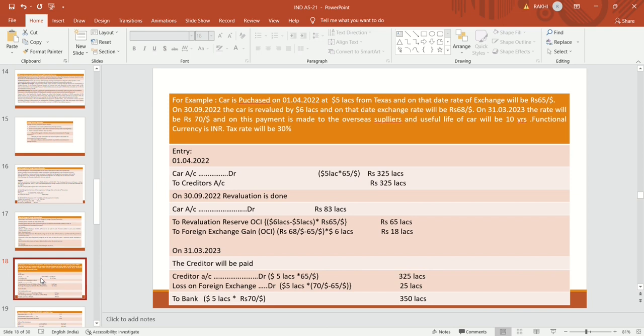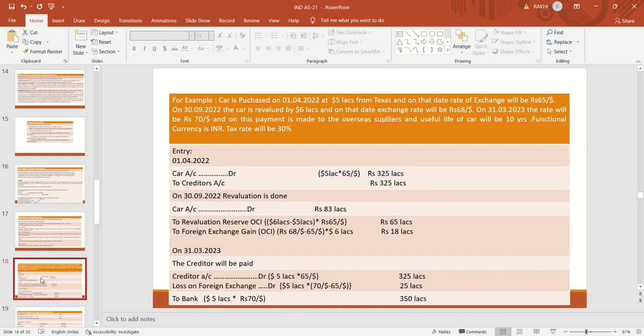Suppose a car is purchased on 1st April 2022 at $5 lakhs from Texas, and on that date the rate of exchange is rupees 65 per dollar. On 30th September 2022, the car is revalued by $6 lakhs, the car having been purchased at $5 lakhs.